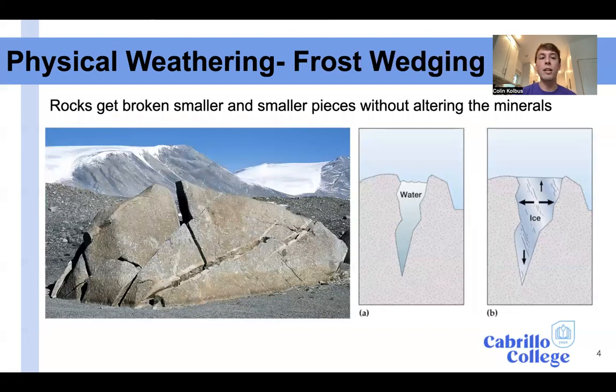We have a process called frost wedging, which is a physical weathering process. It entails water, which is a chemical, but the water is freezing, then expanding, which is cracking that rock open. An interesting property of water is that ice is less dense than water.